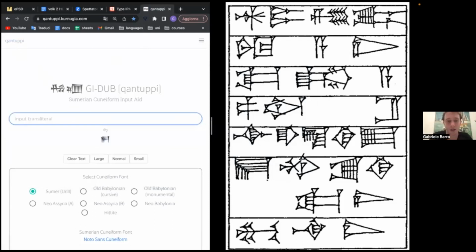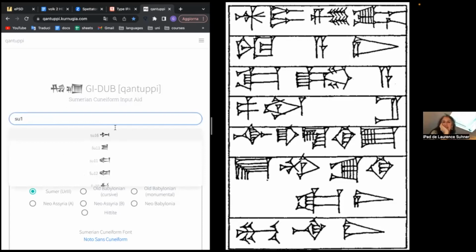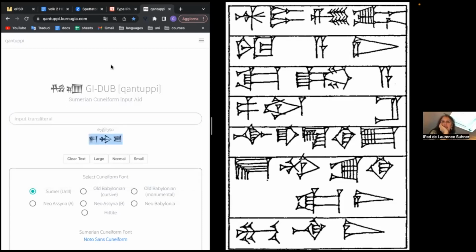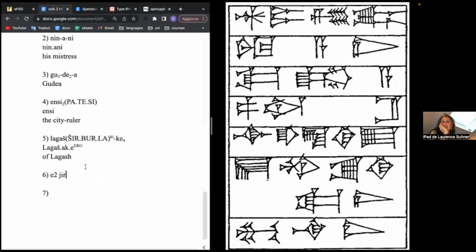Oh, it's great. Otherwise, I would have to use my phone and then copy and paste everything onto my computer, which is really unhandy. So here, I think two, yes. Two. So there you have it. All right, that's great.